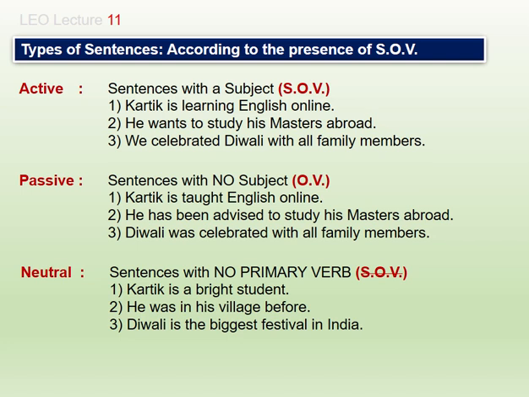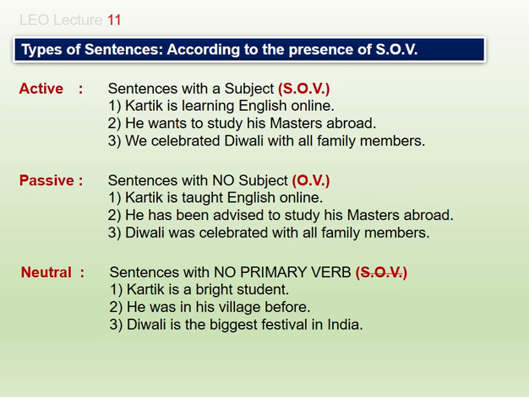We don't have an activity, so we can't have a doer of an activity. In neutral sentences, we don't have subject, object or verb. Examples are like Karthik is a bright student, he was in his village before, Diwali is the biggest festival in India.